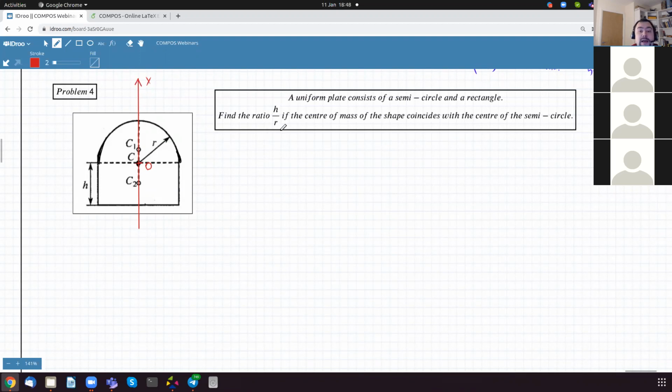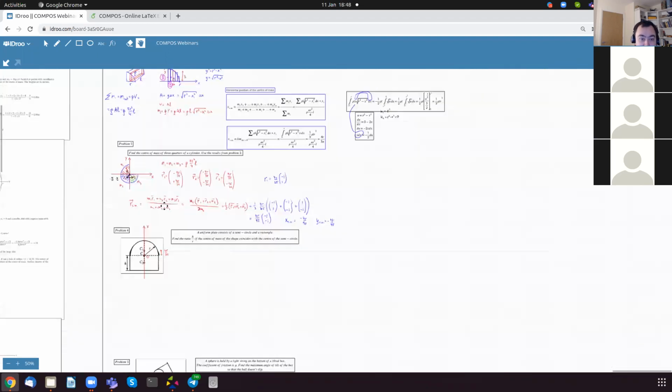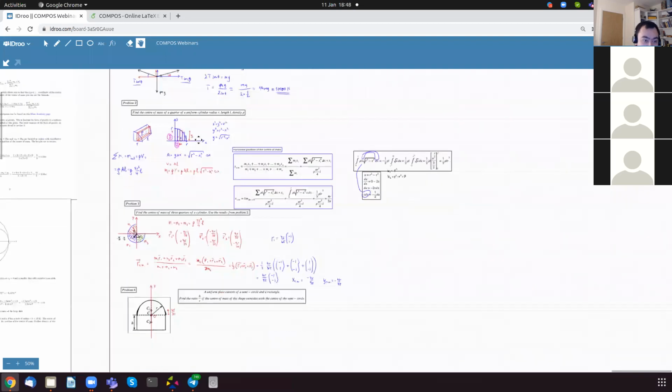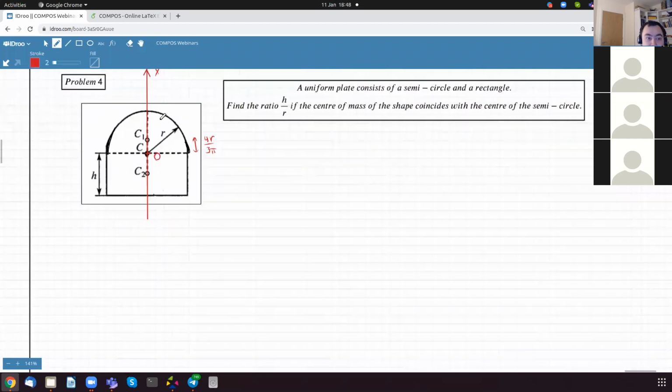Well, the center of mass of the semicircle is a distance of 4r over 3 pi. And you can prove it using the previous 2 examples. It's a non-difficult proof whatsoever. The center of mass of a semicircle is 4r over 3 pi away from the center.